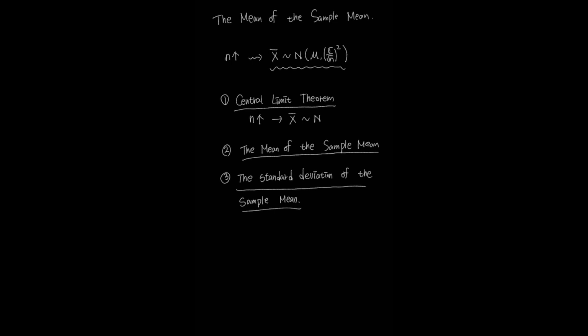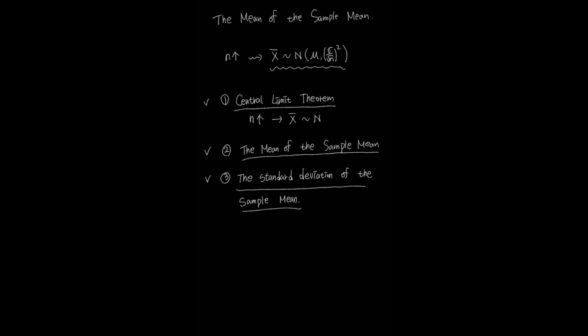If we could investigate these three steps, we will get almost every piece of information that we need for the distribution, and we could get to the next level. So the order of the coming videos would be first getting the mean of the sample mean, then the standard deviation of the sample mean, and last, the central limit theorem.